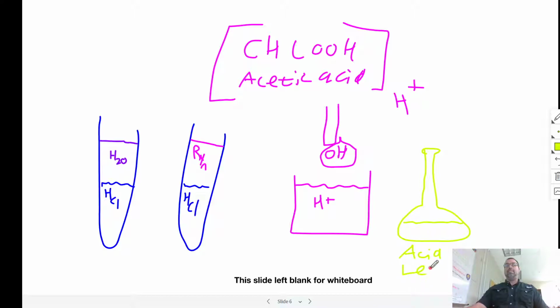Or less than 6.8. When it turned pink, that's when it began to be basic, okay? So, when it was acidic, it was yellow. When it was basic, it ended up turning pink, okay?